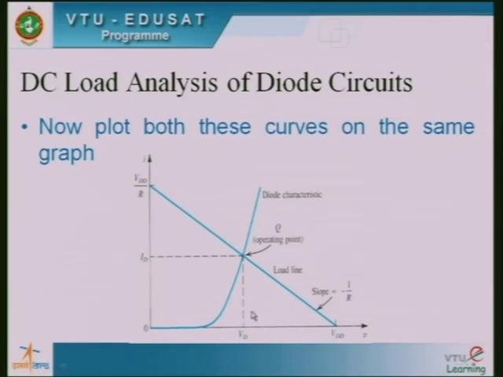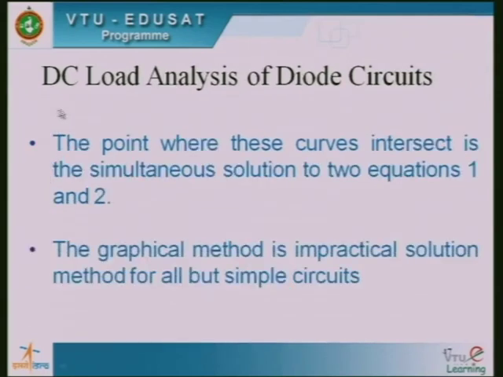So these are the DC conditions. VD and ID are the DC conditions that exist in the diode circuit corresponding to this operating point. This is how we can graphically find the operating point, or operating conditions, of the diode circuit. The point where these curves intersect is a simultaneous solution to equations 1 and 2.